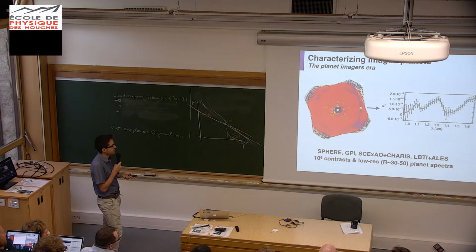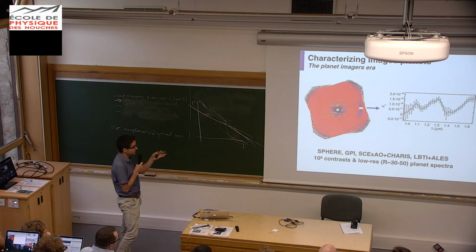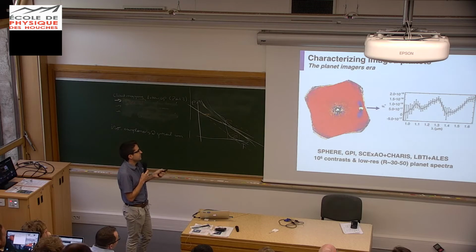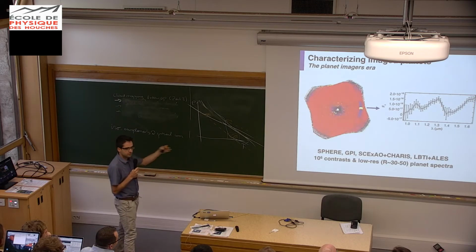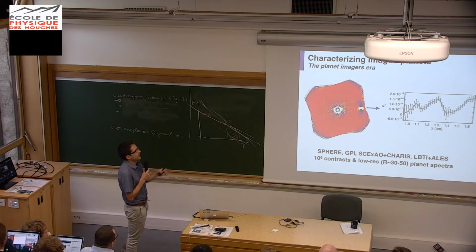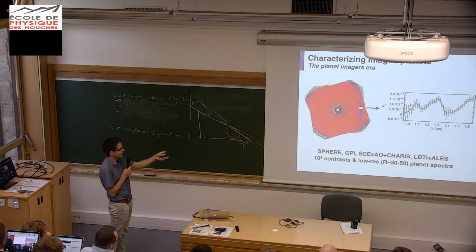So this is a movie showing data from one of the sub-instruments of the SPHERE instrument. It's called the IFS, the integral field spectrograph. And basically, you have seen already some pictures. It's an instrument that allows you to combine the spectral and the spatial information. So you get simultaneously 39 images of your star, 39 high contrast images at different wavelengths in the infrared.